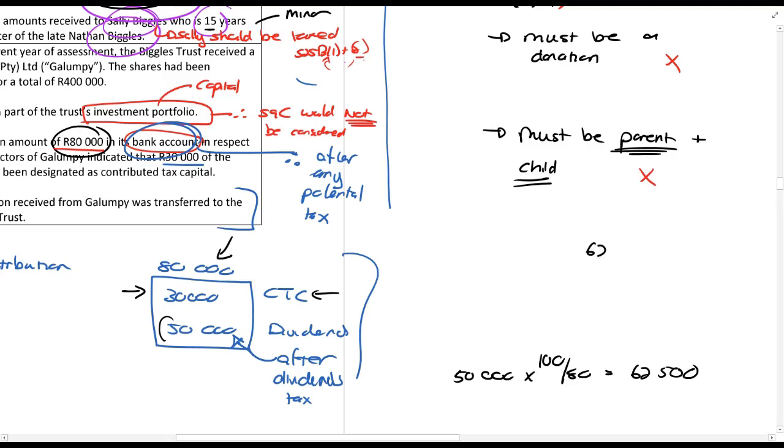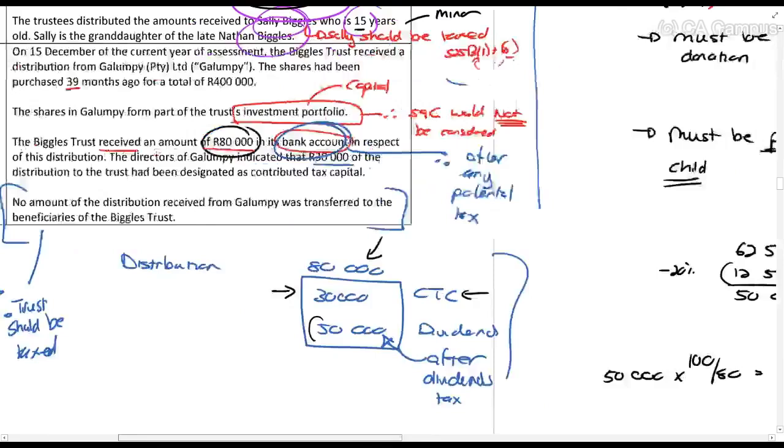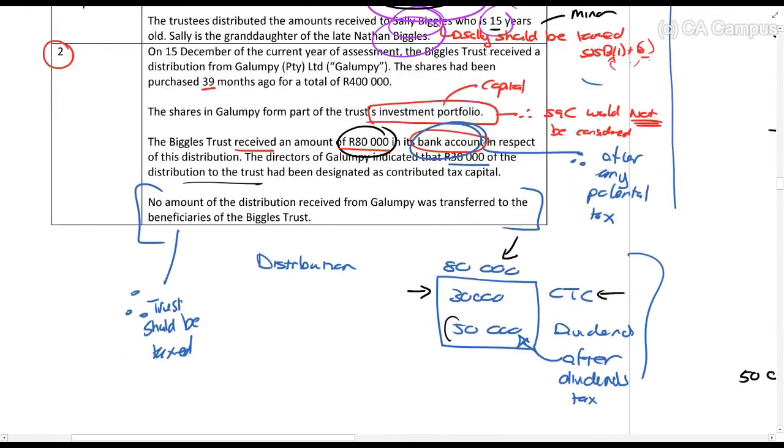Okay, because 62,500 minus 20% gives us 50,000 rands. You can check that on your calculator. The 12.5 is the 20%. Okay, so, and I say this was retained in the trust, so the trust will be taxed on this.